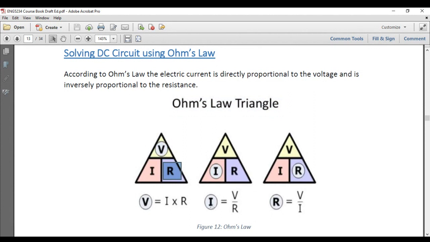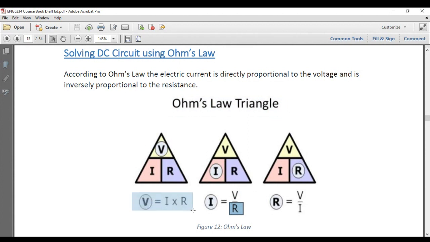According to him, current is directly proportional to voltage, meaning if voltage is increased, current is increased. And second, he defined that current is inversely proportional to resistance. That means if resistance is low, current will be high, and if resistance is high, current will be low. So it's the opposite, an inverse relationship.